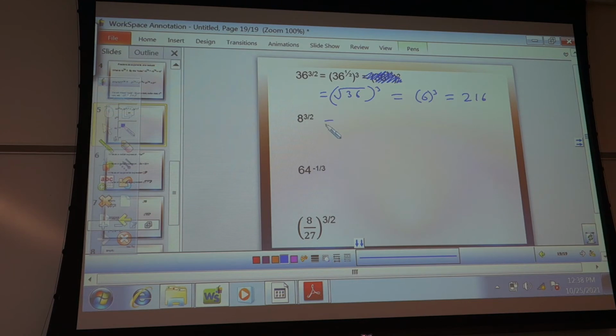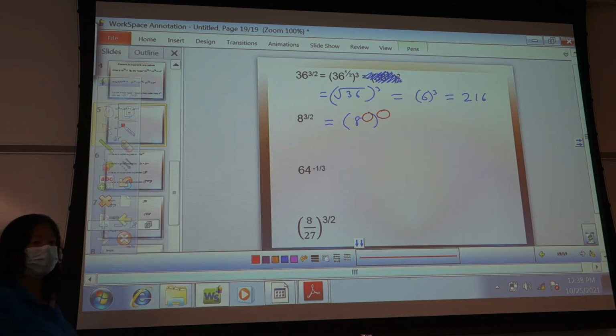Rewrite this as 8 to the something. Fill in this part here and that part there. We're just writing this on scratch paper. It's not on your handout, and it's not on your homework.